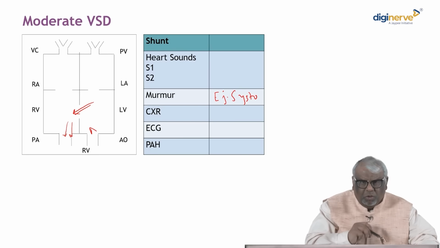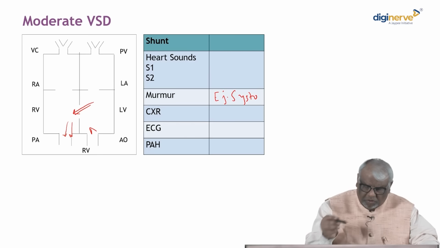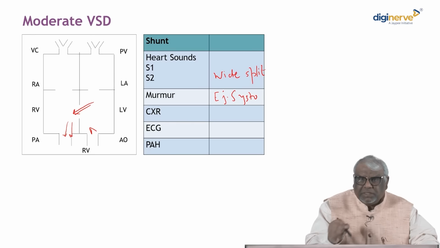Because of the early closure of A2 and late closure of P2, what happens to S2? So, the S2 is wide split. The second sound is wide split, and this changes in inspiration.